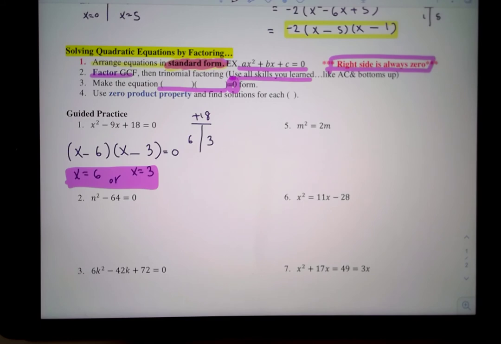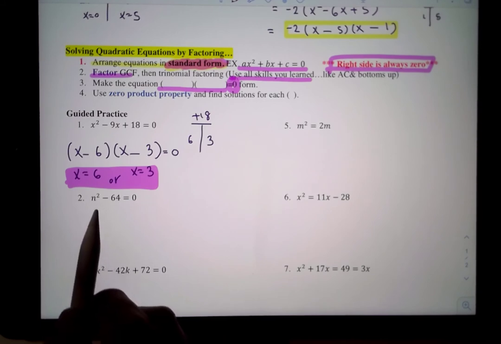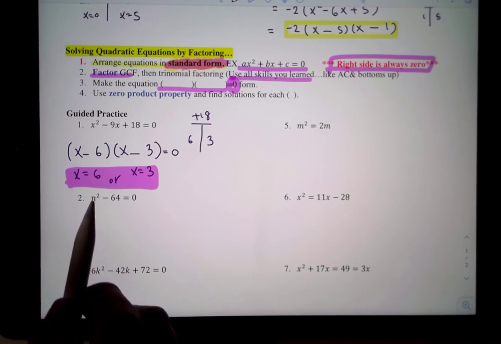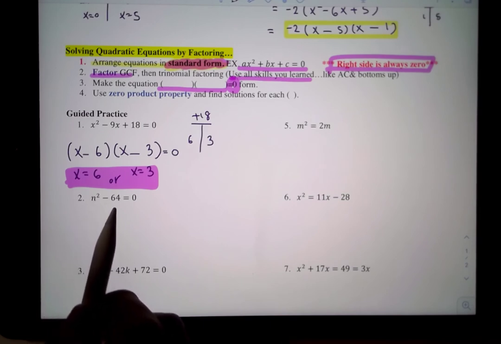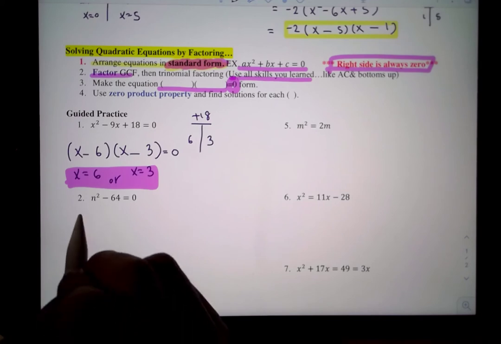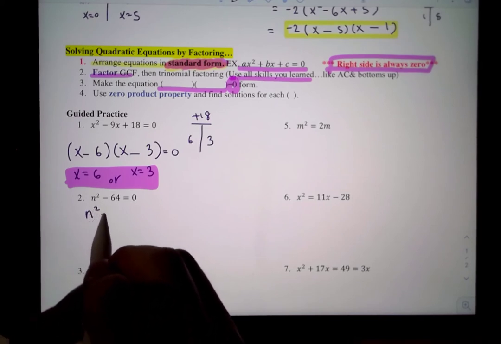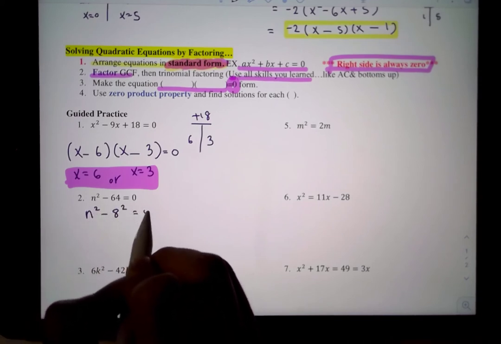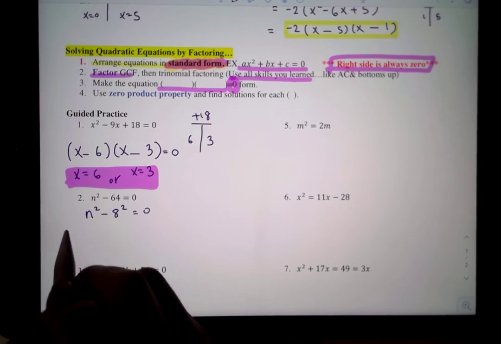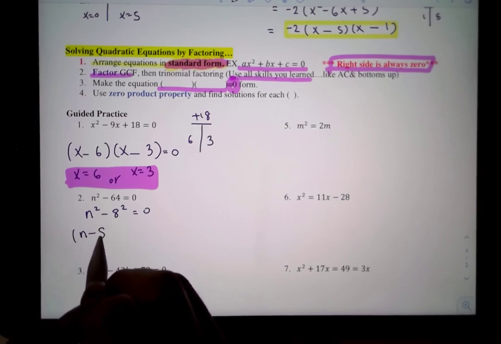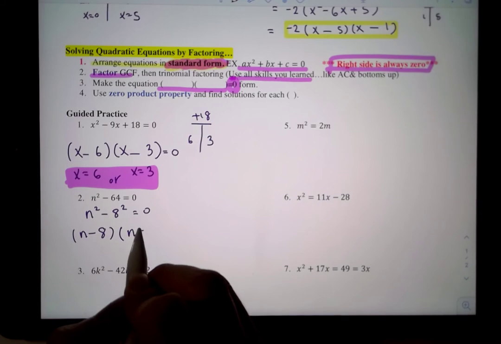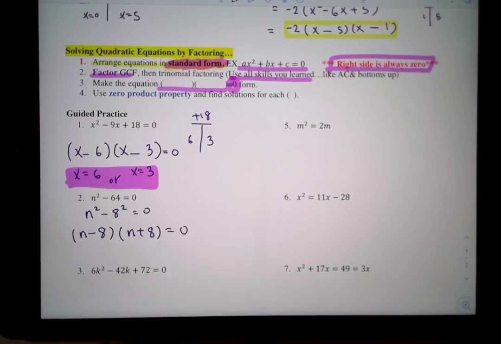And let's look at number 2. What is this, guys? It's not a trinomial, that's a binomial, right? And do you see n squared minus 64? 8 squared, right? So I can write it n squared minus 8 squared. And you know how to factor that. That's a special case, right? So n plus 8, n minus 8, we can factor that like this.